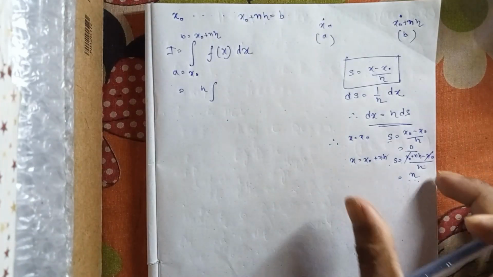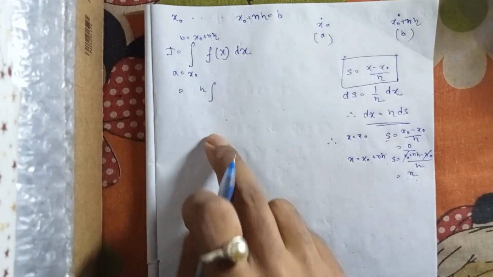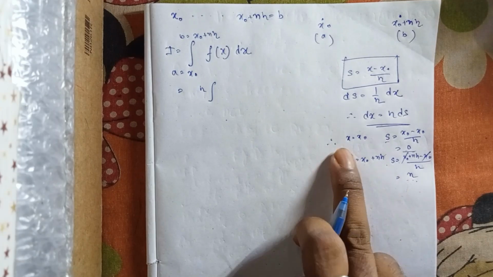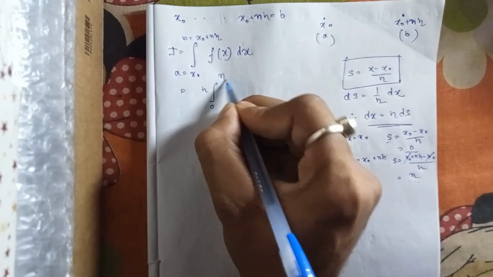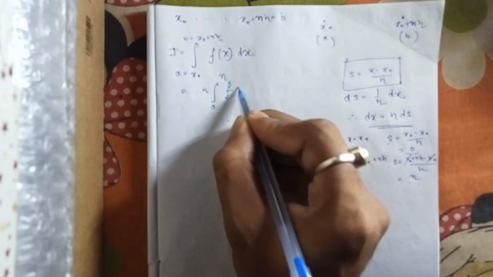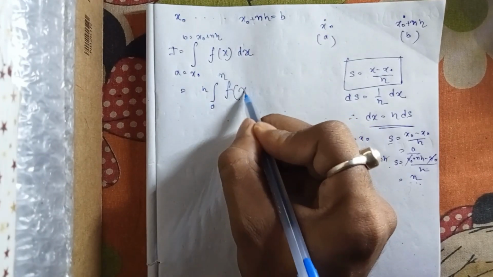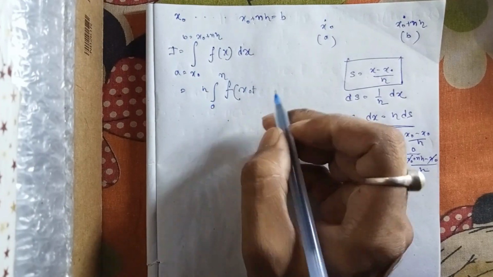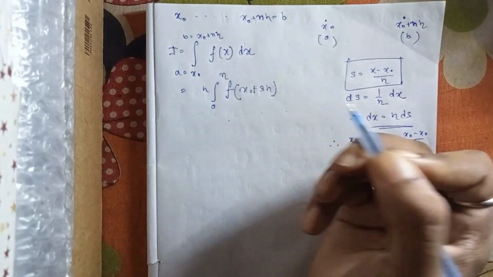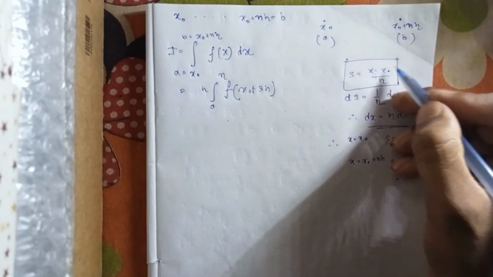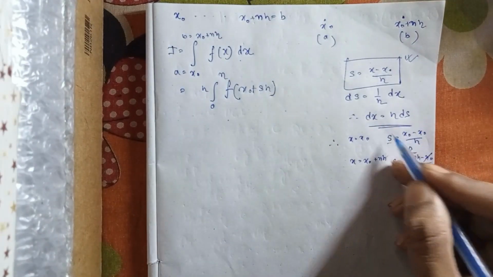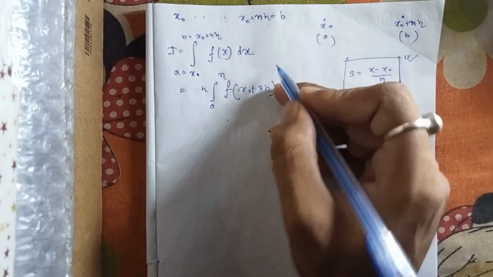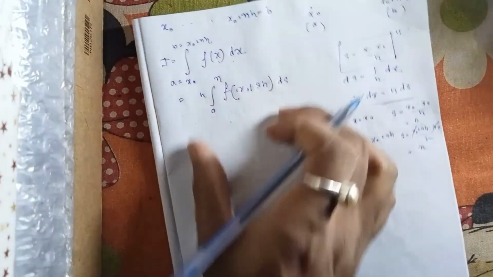So in this way we can change our limits: the lower limit is 0 and the upper limit is n, and we can write f of x as f of x0 plus sh. Why can we write that? Because of this formula. And dx equals h into ds. So now this is changed.